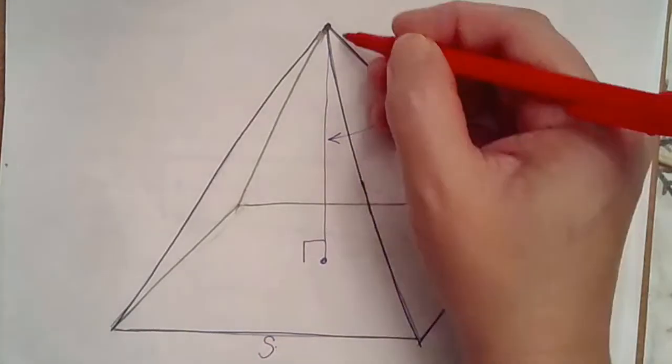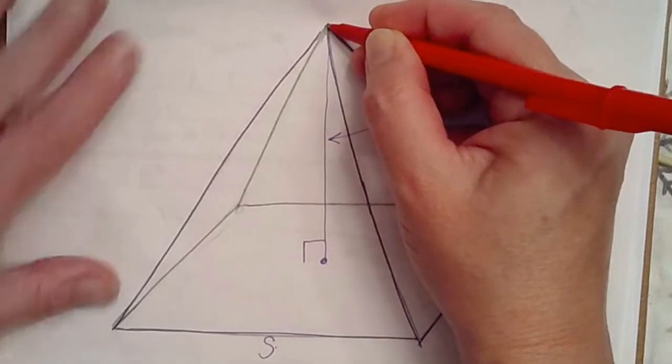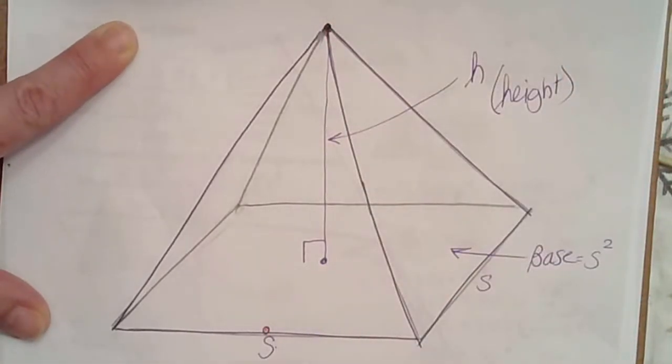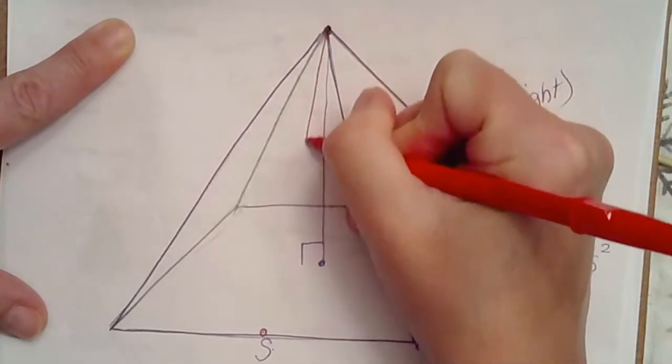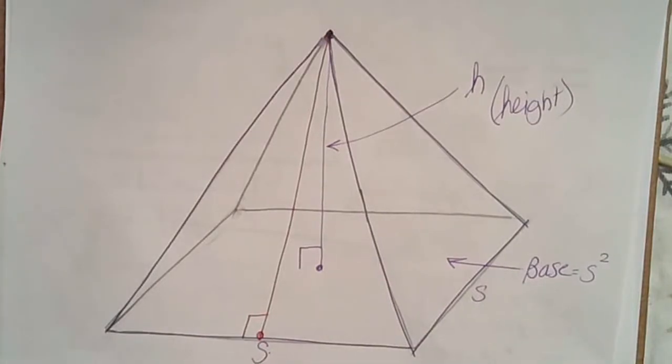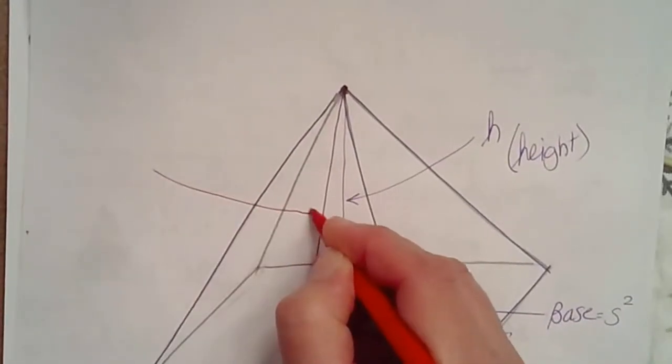So what we need to do is have another segment that comes from the vertex to the side, and that's going to come all the way down here like this, and it will be perpendicular, and that guy is called the slant height.